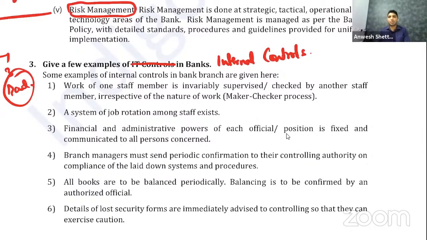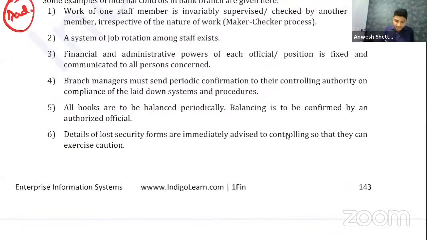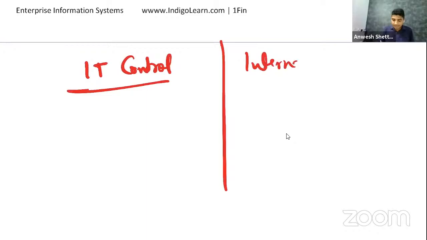There is a typo. Now, even before I explain the answer, one simple thing you need to remember: do not confuse IT control and internal control.